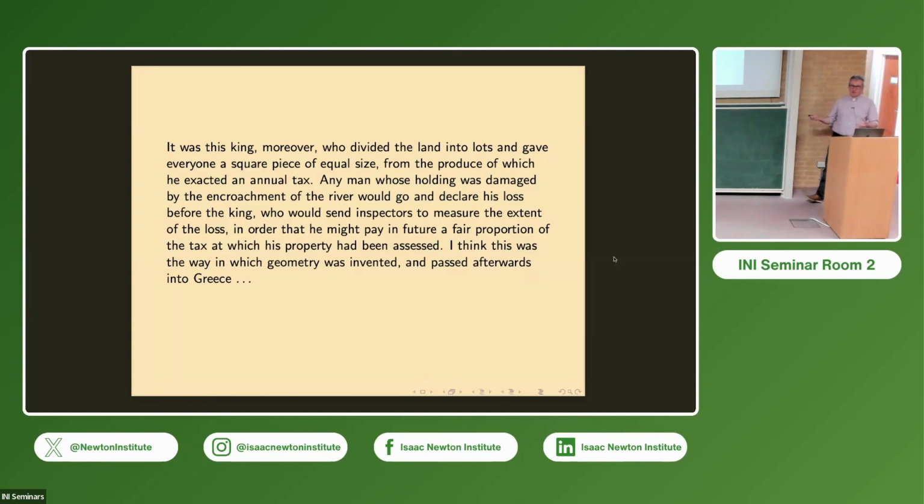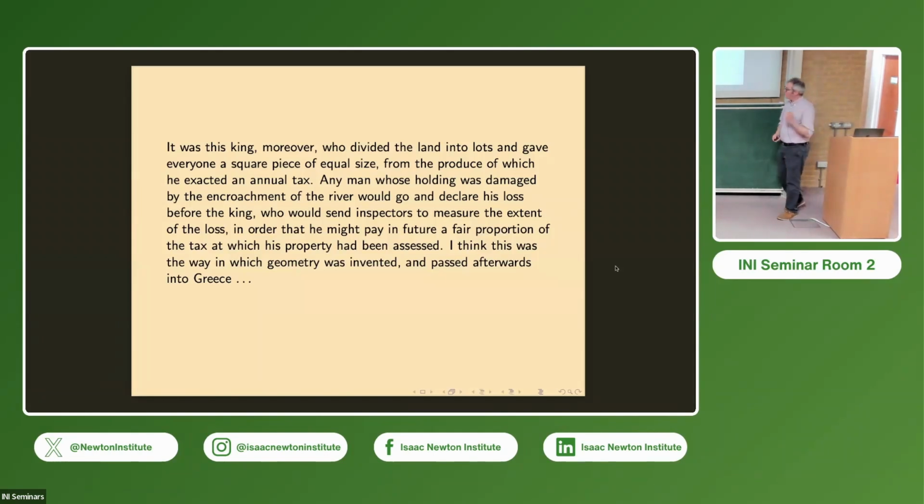So this is what Herodotus tells us. And we can question whether people with the engineering skills that they did have would actually put themselves in a position where they had to do this every year. But anyway, this is the story that Herodotus relates. And so from this, we get what are essentially the two basic facts, in inverted commas, about ancient Egyptian mathematics that are then passed down for the next 2,000 years without any further details attached to them.